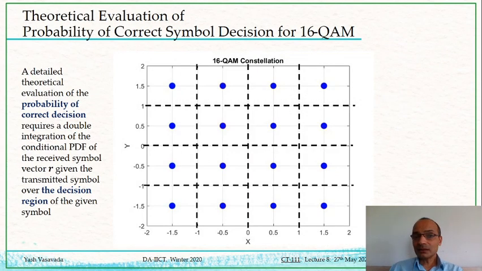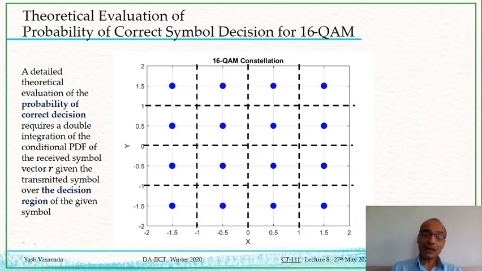Now we have done the probability of error evaluation for BPSK, and that very easily carries forward to on-off keying as well. How about the probability of error theoretical analysis for 16 QAM?